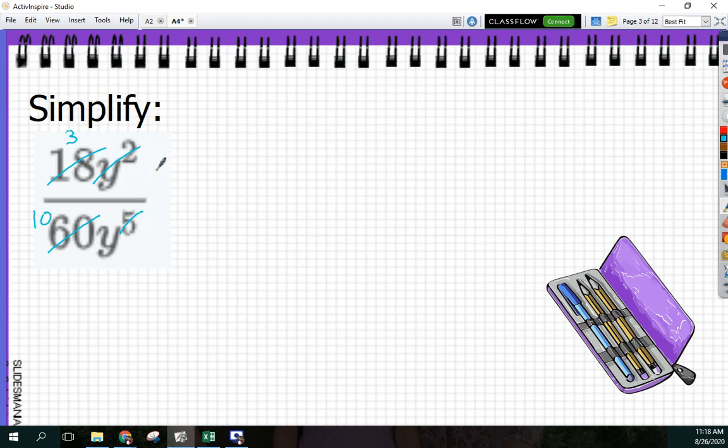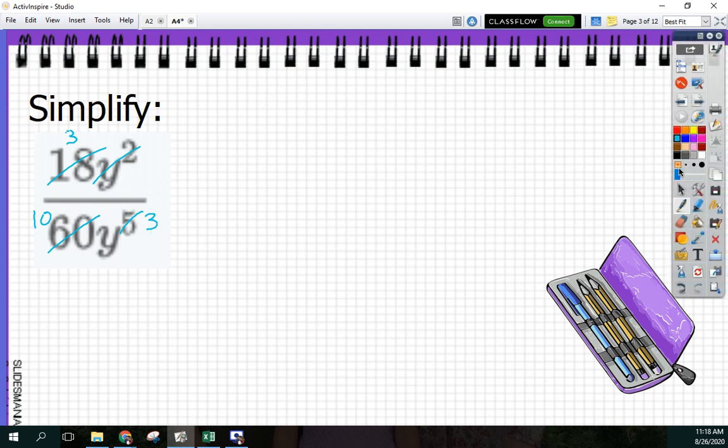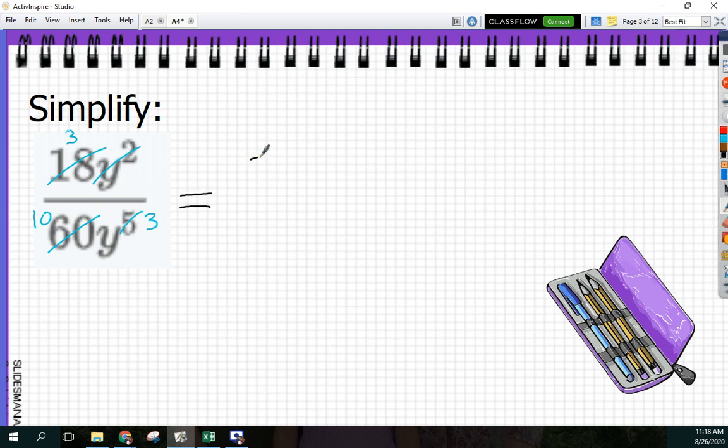So 5 minus 2 gives us 3 y's, but they will still be in our denominator. So our answer in this case would be 3 divided by 10y to the third. And so that would be our final answer.